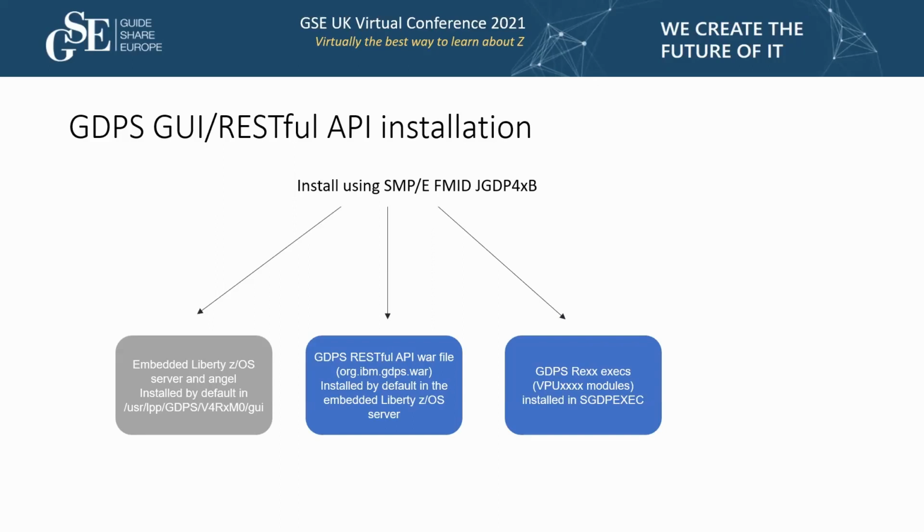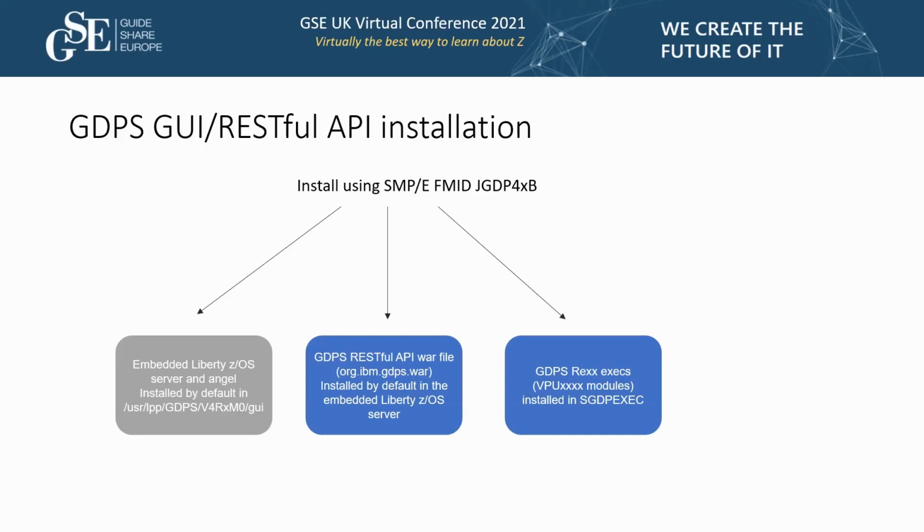But the reason this box is gray is because since GDPS 4.4, we do not provide this Liberty, because GDPS 4.4 prereqs z/OS 2.3, and z/OS 2.3 has its own Liberty that is embedded with it. So we decided to use this embedded Liberty instance instead of providing another Liberty.